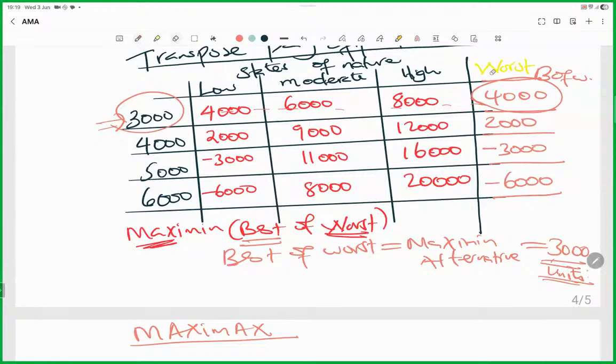So now I want to go to this one here. They are calling what here now? Maximax, what comes to my mind? Best of the best.